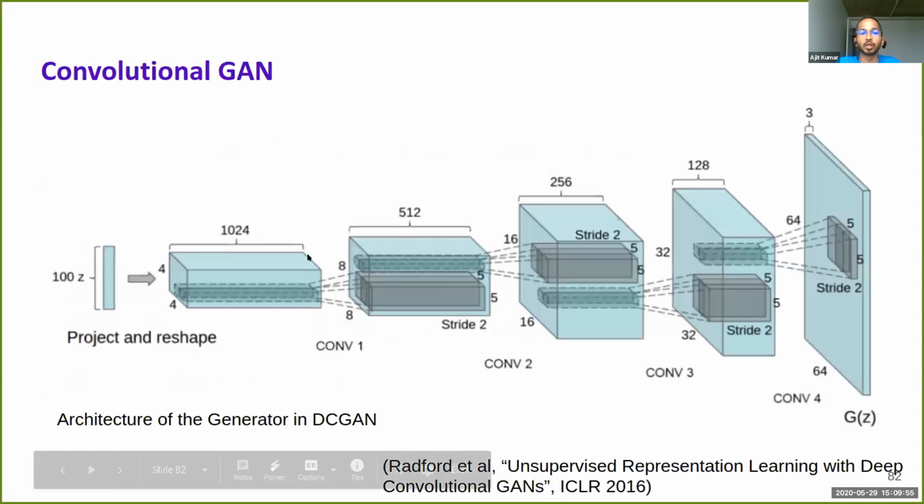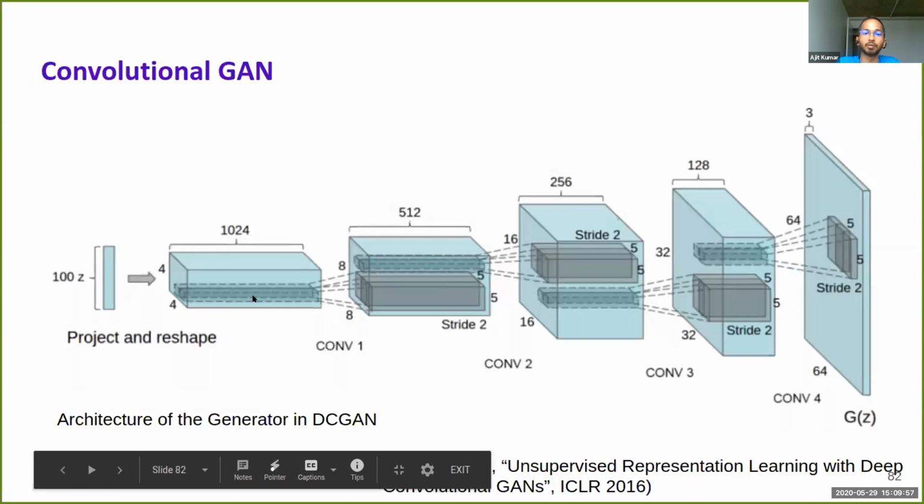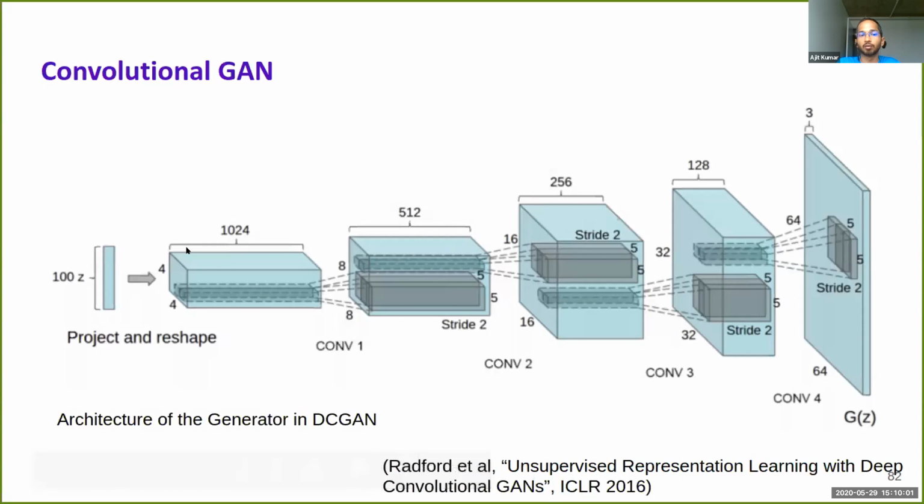In a convolutional GAN, instead of fully connected layers, we have convolutional layers. We learn to upsample from a random noise of, let's say, 100 dimensions to a 64 by 64 RGB image. And there would also be a discriminator which is judging whether this looks like a real image or not.